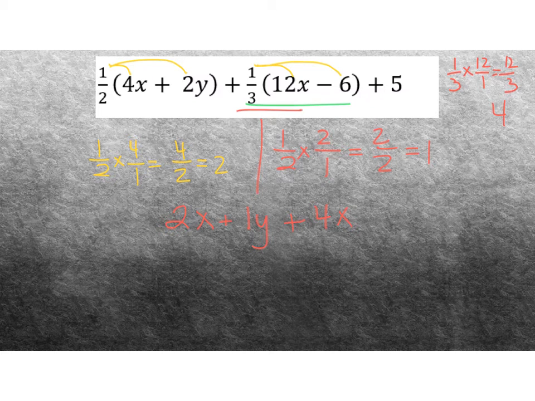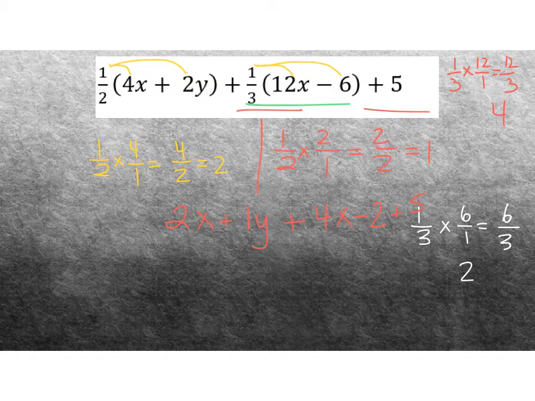So 1/3 times 6 over 1, which 1 times 6 is 6, 1 times 3 is 3, and 3 goes into 6 2 times. So we're going to get minus, because the sign was negative, minus 2. Now we need to not forget to bring down this plus 5 at the very end.